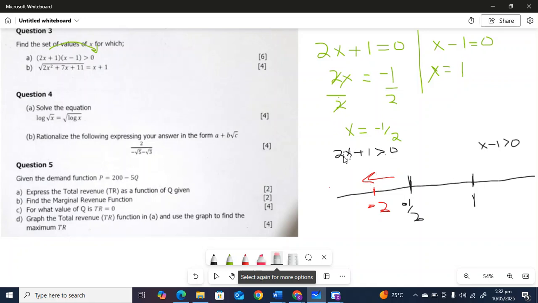This is what you have to put here. So 2x plus 1.